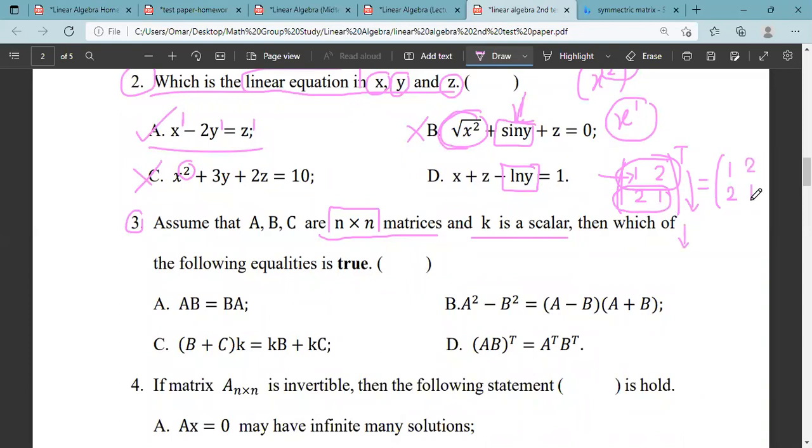You see, the matrix and the transpose matrix are the same. So this is called symmetric.